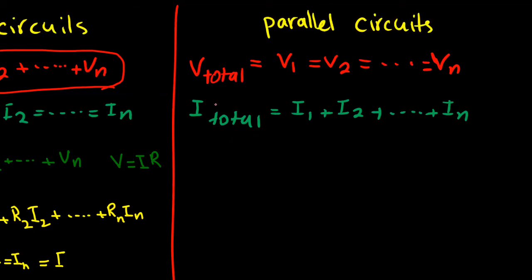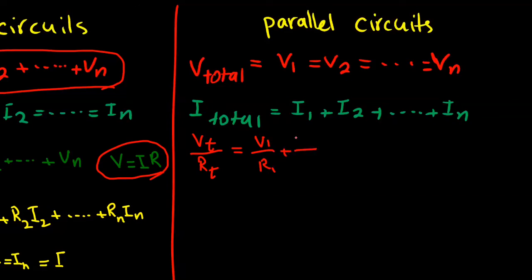For parallel circuits, we have I total equals I1 plus I2 plus In. As a result, if I use the Ohm's law formula again, I see I equals V divided by R. So I write V total divided by R total equals V1 divided by R1.